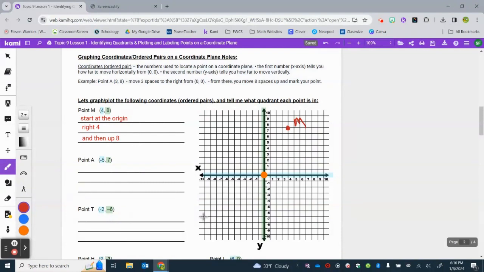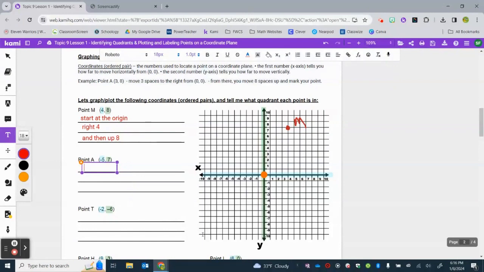The numbers tell me where I need to go directionally. If we look at point A, we can see point A is located at -5 and then 7. So just like I said for point M, I'm always going to start at the origin.